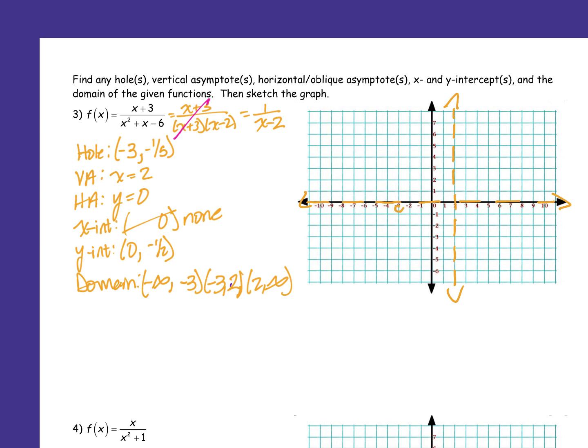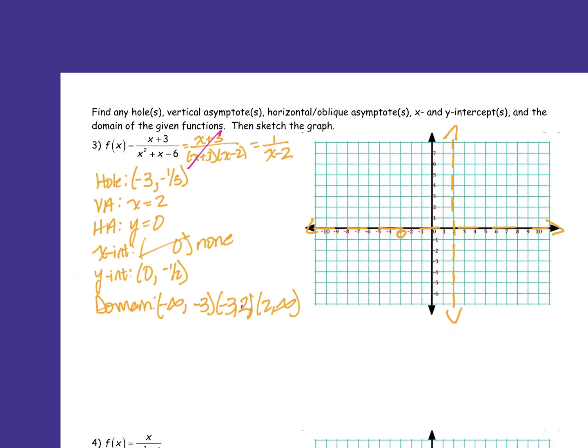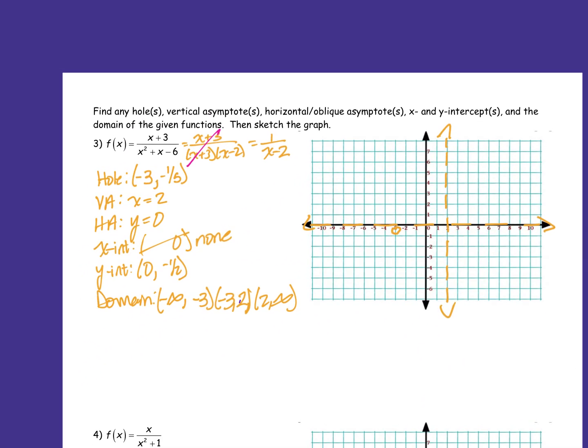I know it takes up more space than it's supposed to, but it's a hole. Draw a hole. See? Hole. Okay? And then I have a y-intercept at 0, -0.5. And no x-intercepts.